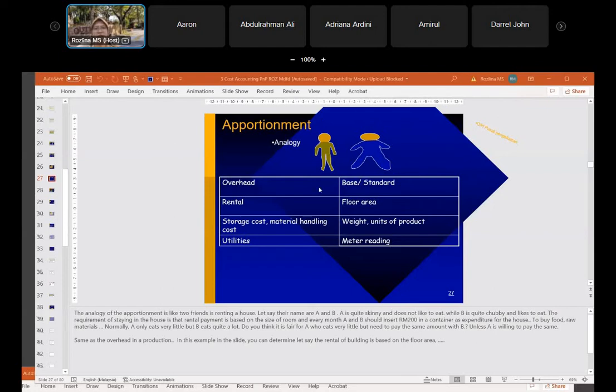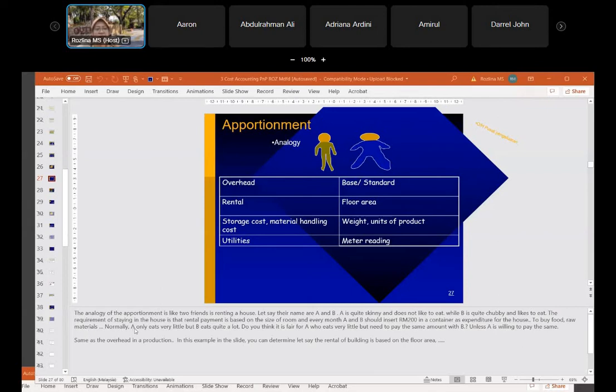The skinny one, A, will pay 4, so 400 out of 1000, and B pays 600. Every month, A and B should each put RM200 in a container for groceries and expenditure for the house, to buy food or raw materials to cook.